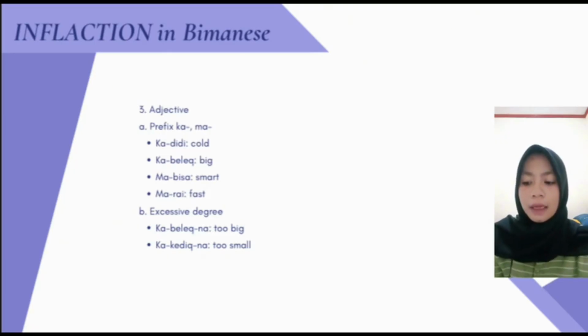For example, kadidi means cold, and mara means fast. And then the last is excessive degree na. The suffix na expresses an excessive or extreme degree of an adjective. For example, kakedik na means too small. Maybe that's all from me.